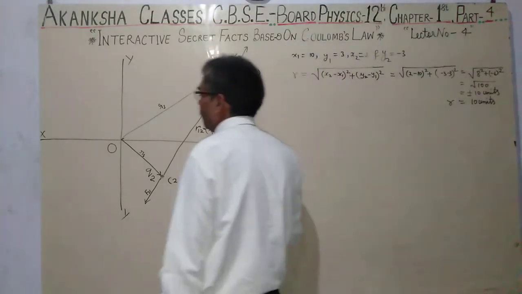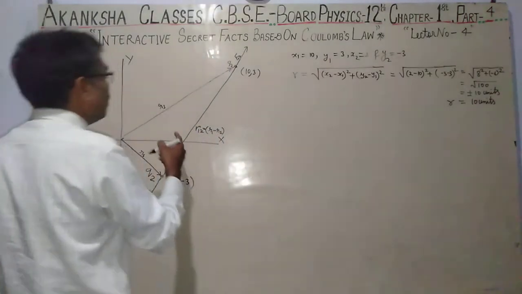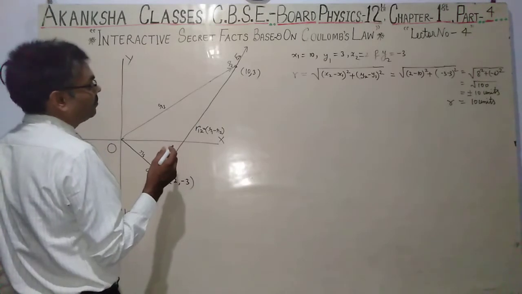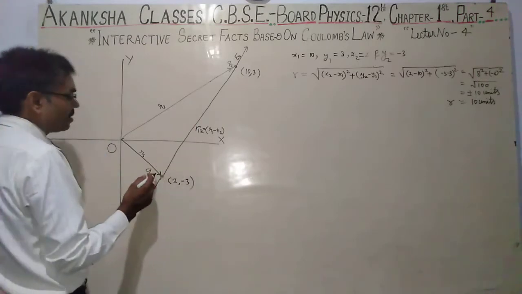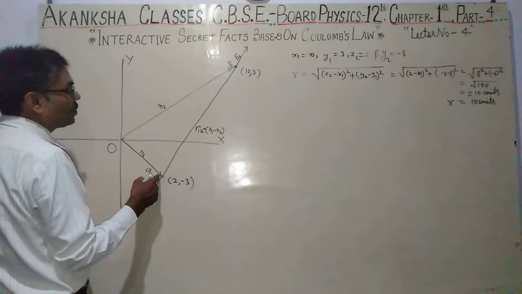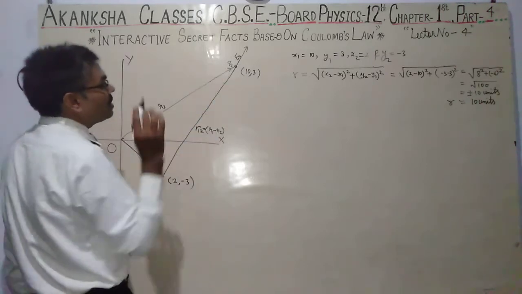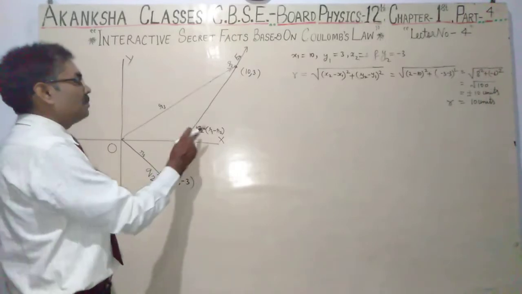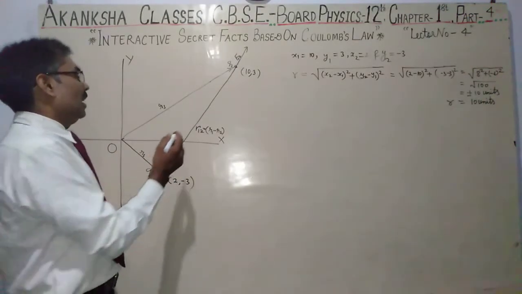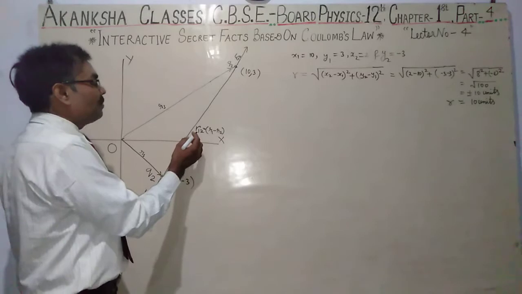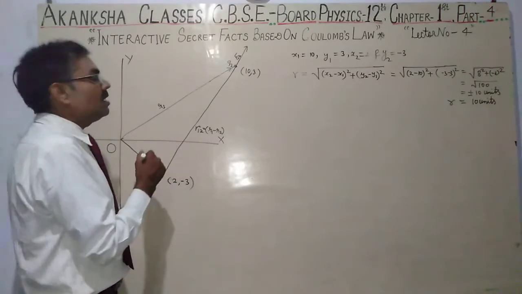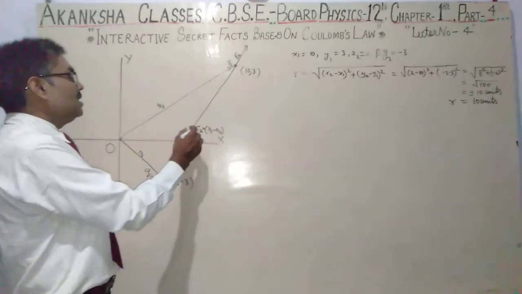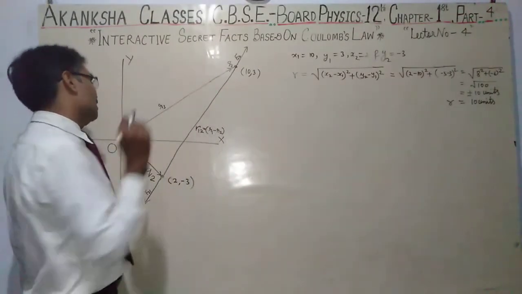Students, now the value of R12 represents the vector drawn from charge 2 to charge 1. As in my previous video, I explained this phenomenon: the integer that is written first is the receiver and the integer written second is always the sender.